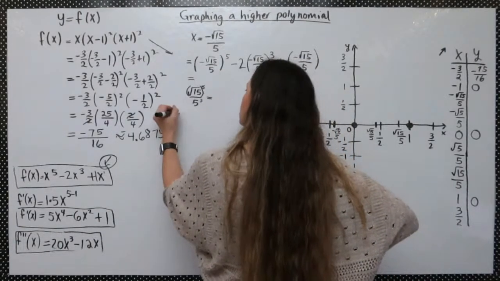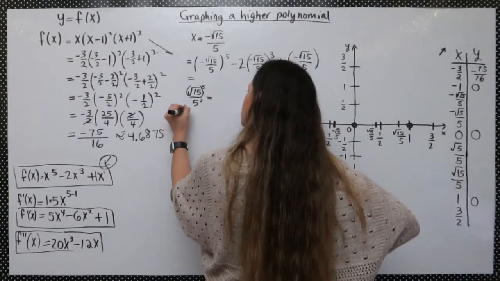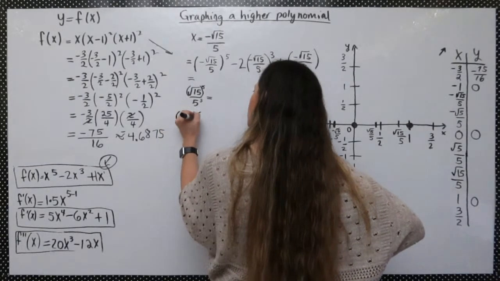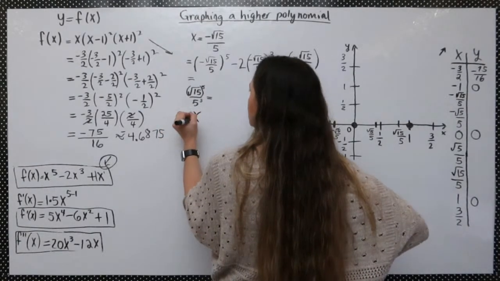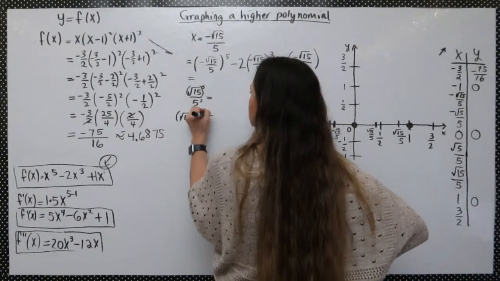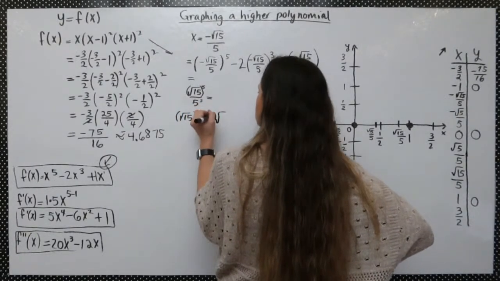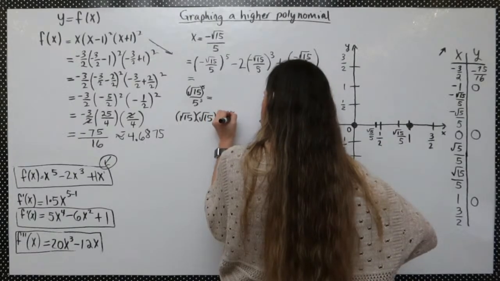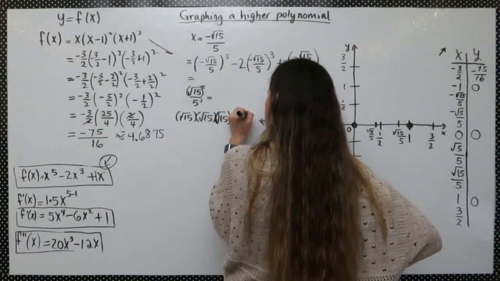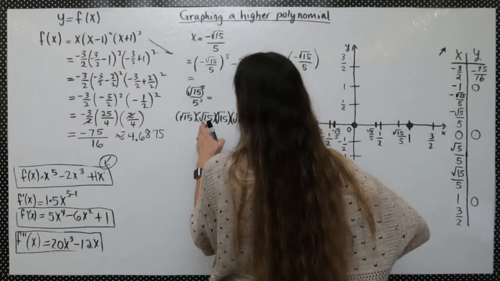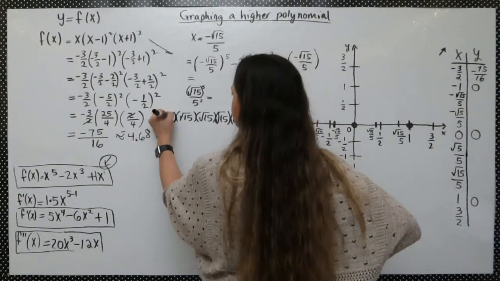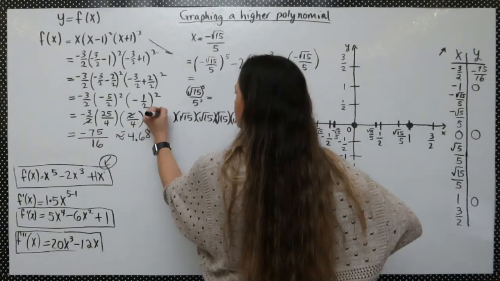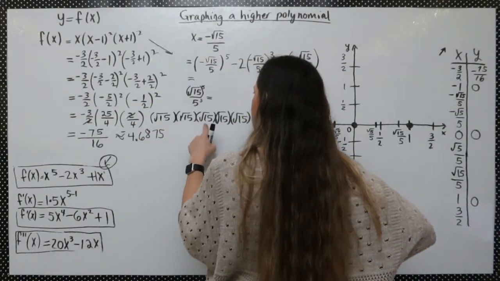This is radical 15 times radical 15 times radical 15 times radical 15, and I want to see if I get the same. 1, 2, 3, I need one more. 2, 3, 4, 5.